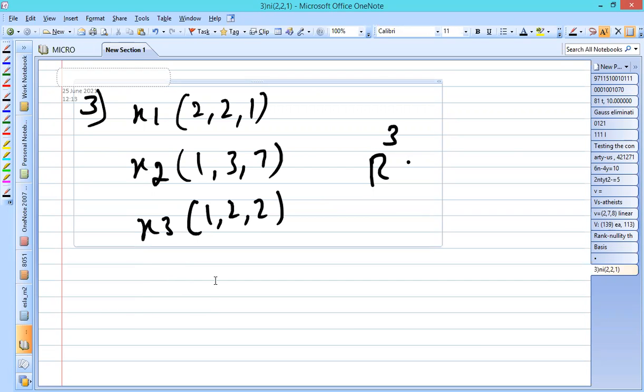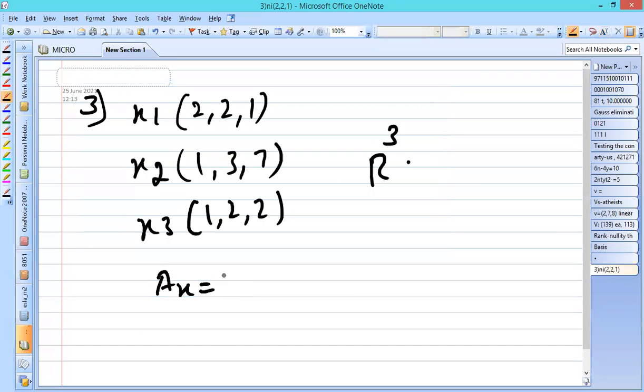We are given X1, X2, X3, so in matrix form you need to write it as AX equal to 0.